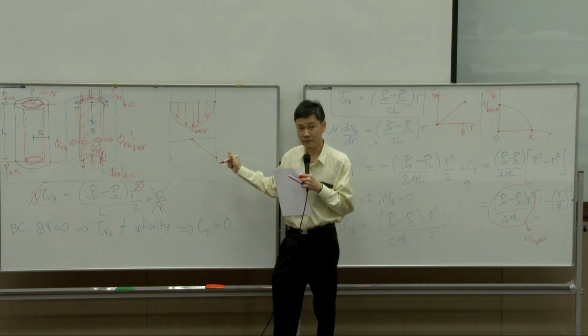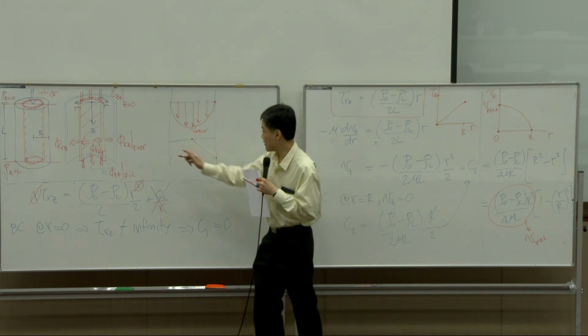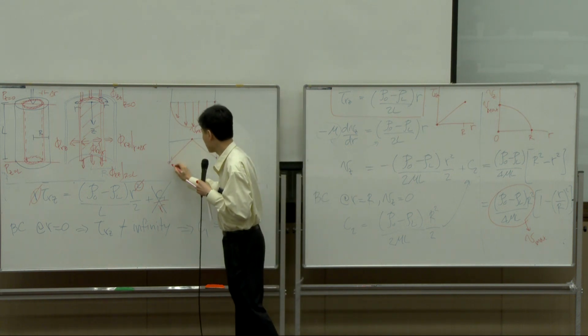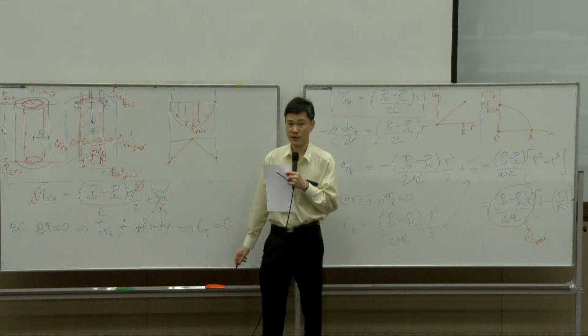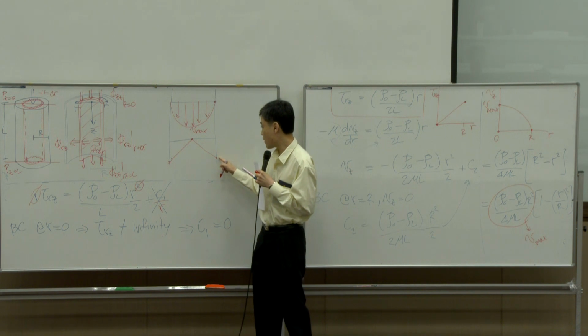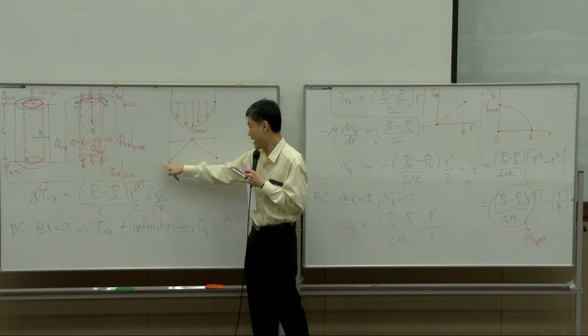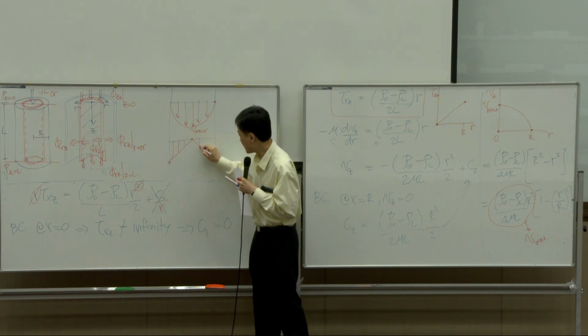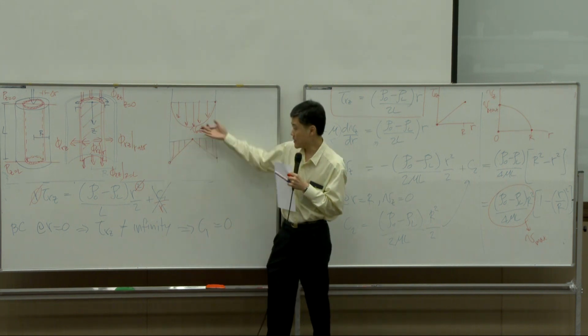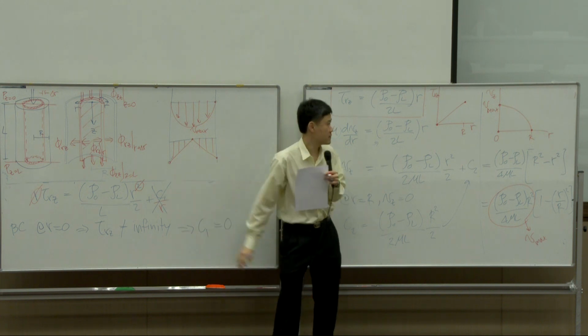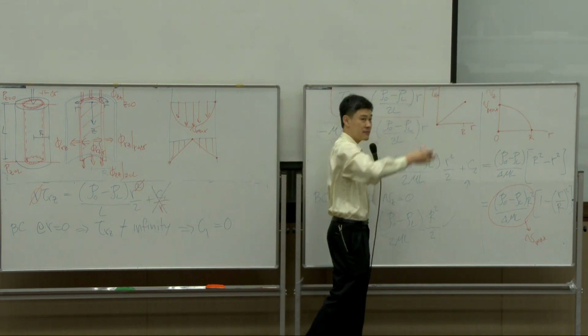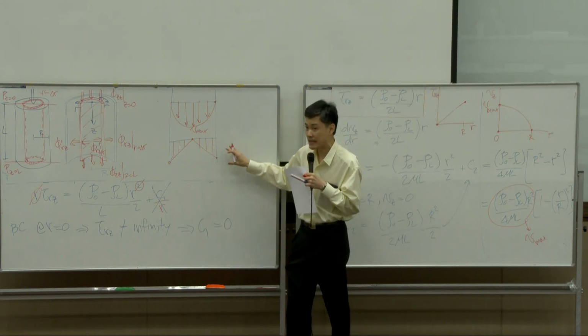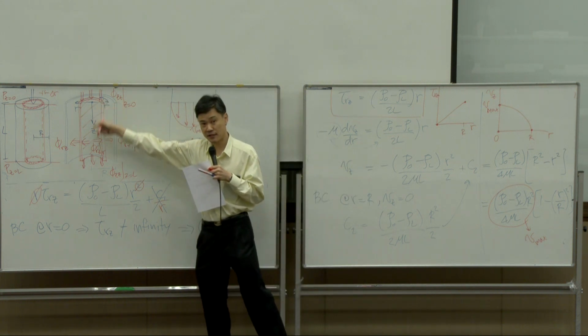And this graph must be duplicated on the other side as well, right? Because at r equal to capital R, it is this point as well as this point. So tau looks like this. Of course, it's flipping down. In this graph, it's going up. This is going down because your z-axis is going down.